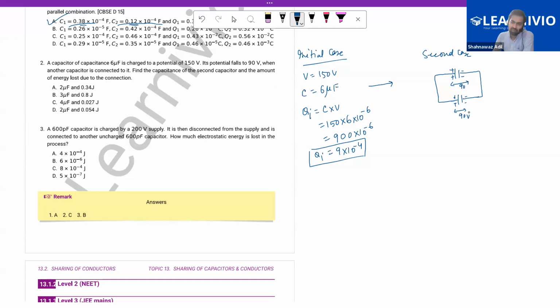Now this is a parallel combination, so whatever charge was here should be conserved. Q final would be C effective, or C equivalent, into this voltage. So that is C1 plus C2 into 90. This is Q final.